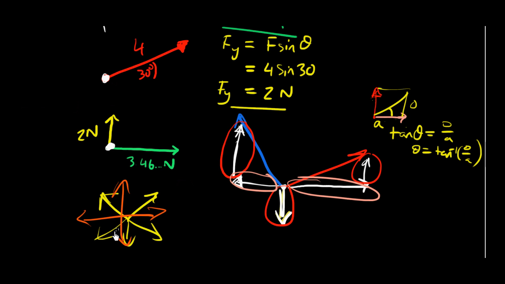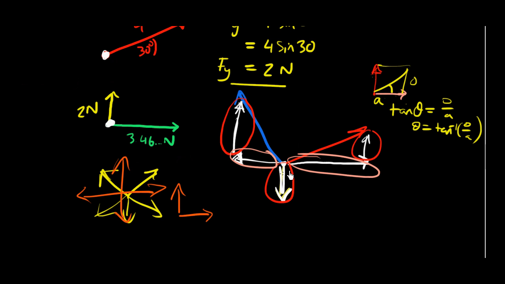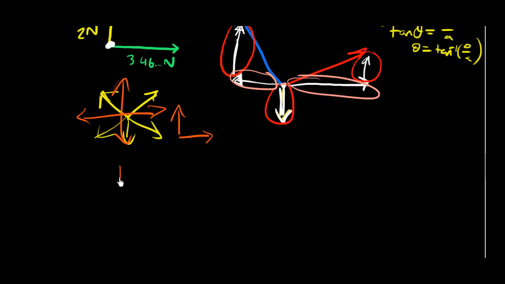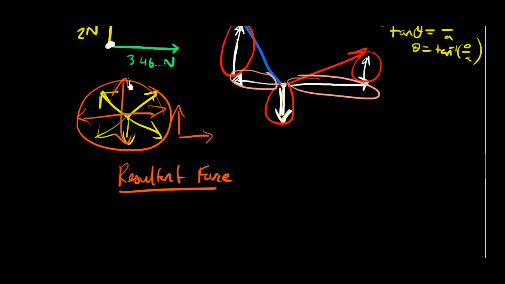You add those two individually and you end up with two vectors, and these two you can combine, as I was saying here, to find a final resultant force that is equivalent to all of these together. That would be what we get at the end.